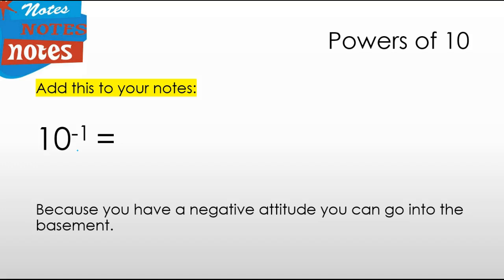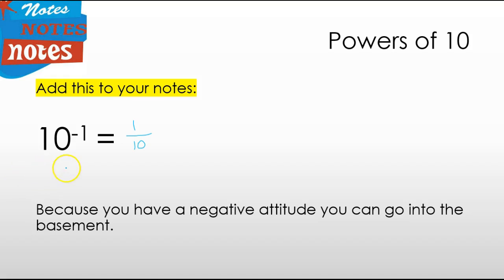When you have a negative exponent, it says because you have a negative attitude, you can go to the basement. So this negative exponent, the 10, is going to go downstairs. So 10 to the negative first becomes 1/10.